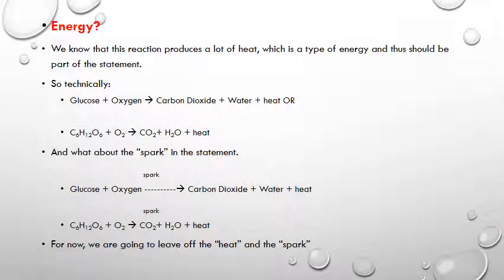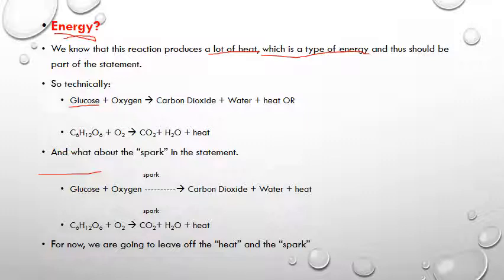Now a big concern of this is energy. We know that this reaction produces a lot of heat, burning paper, burning wood, etc. And heat is a type of energy, and thus it really should be part of the reaction statement.